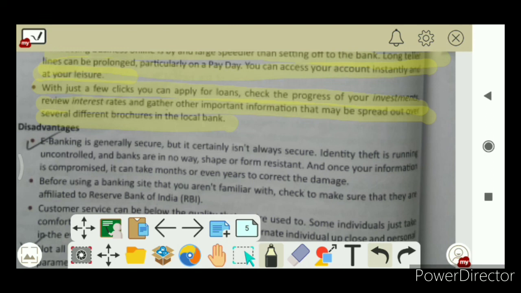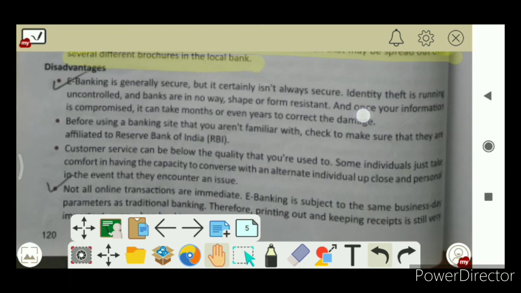These are a few benefits. Even all these things can be done from your home, from anywhere, anytime. So these are the advantages of e-banking.